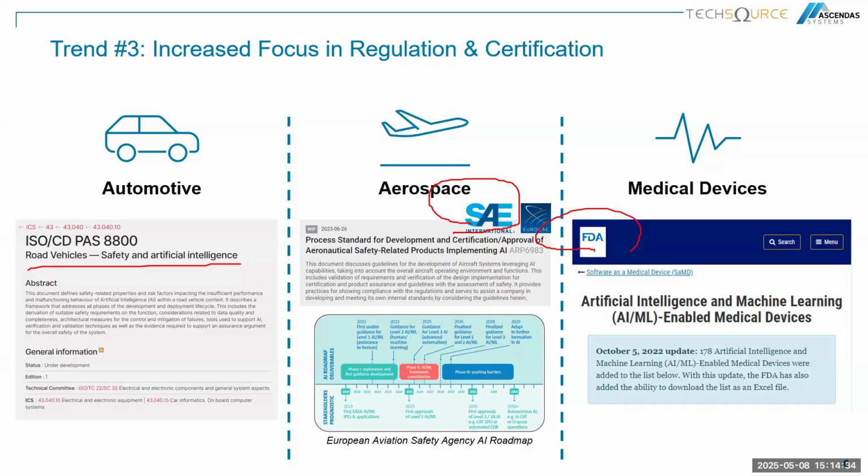If you integrate with model-based design, it will help you automatically pass the regulation, because our tools have the certification to acquire this certification, for example. So these are the three trends for why we need to use AI with MBD.